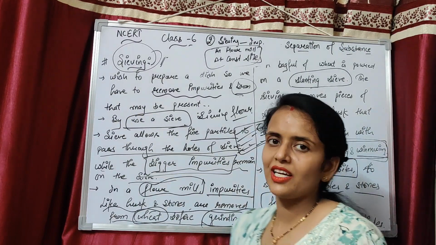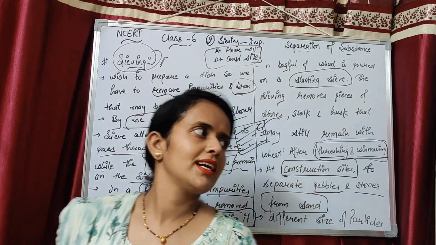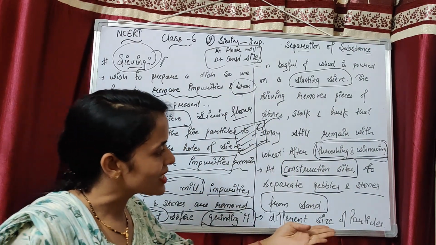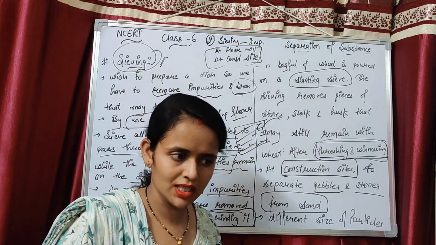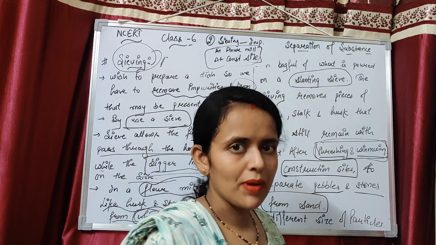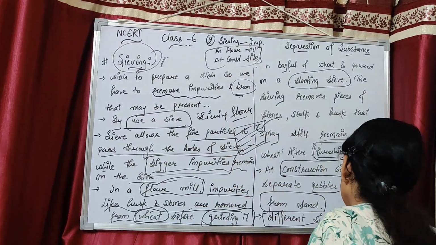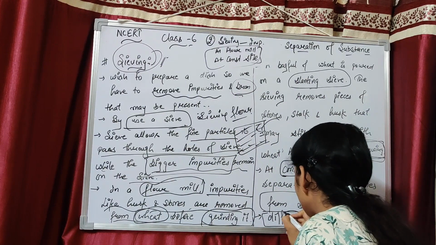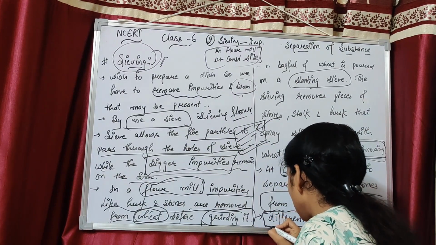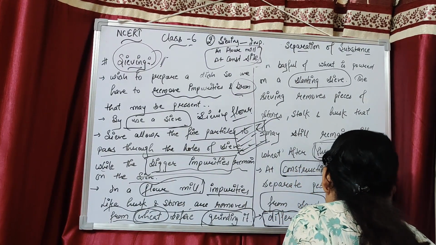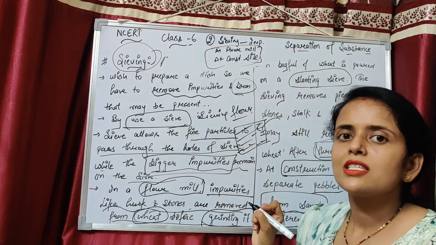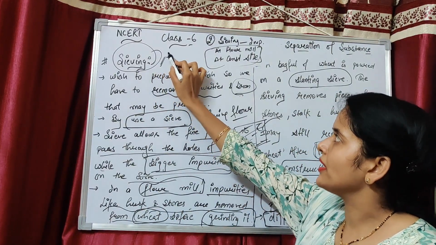Okay, last and important point: different sizes of particles must be there. Sieving is only applied when different sizes of particles are there. If the components of a mixture have the same size of particles, then the sieving method is not applicable.